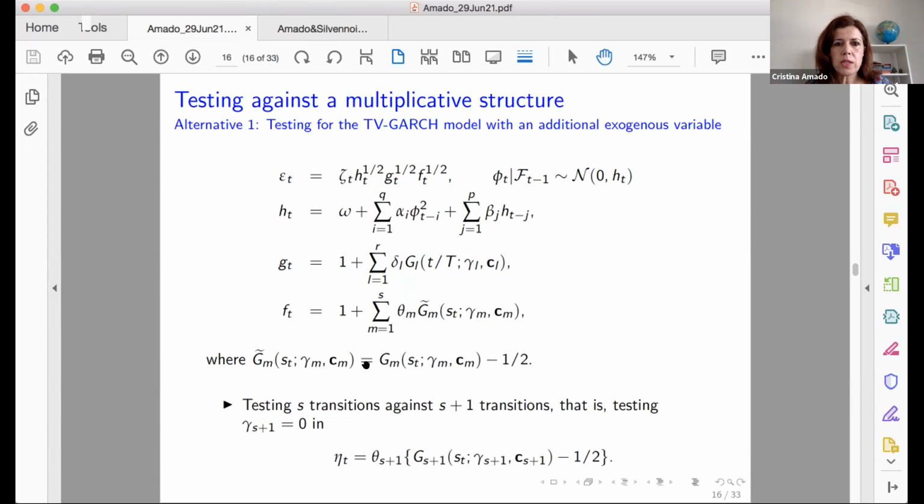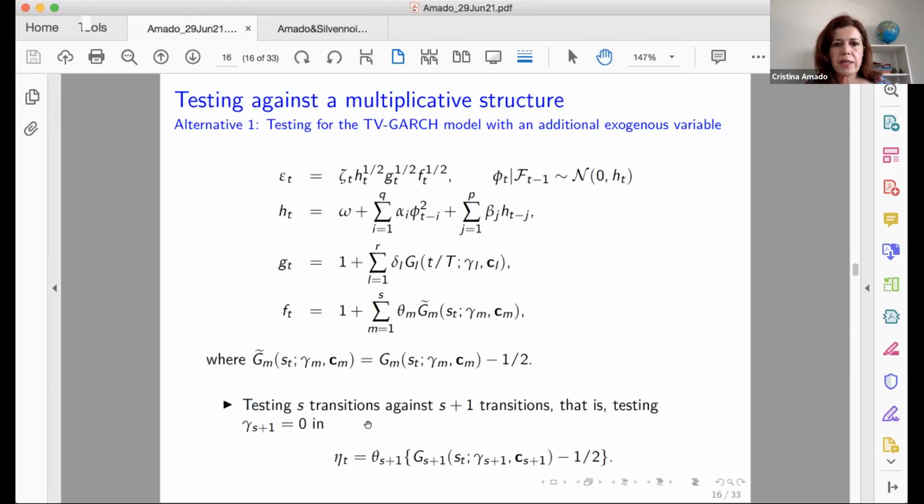This is the most general framework of the model, where we could think about extending in the F component S logistic transition functions against S+1 logistic transitions. That is the component that is a function of the exogenous variable. And we do this by testing whether the gamma equals 0.